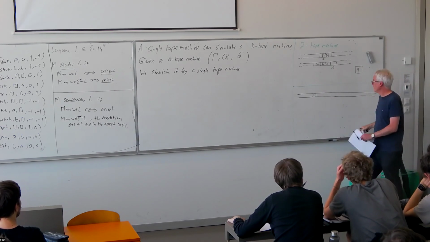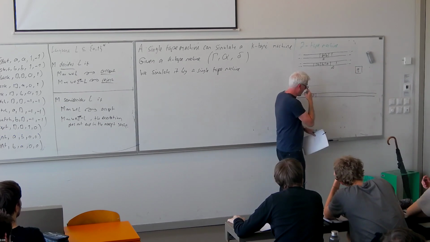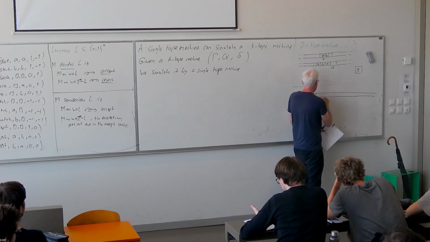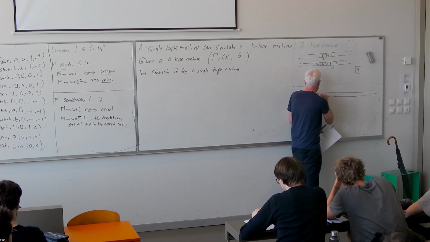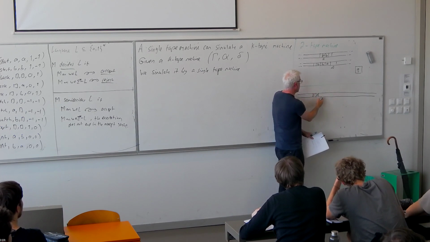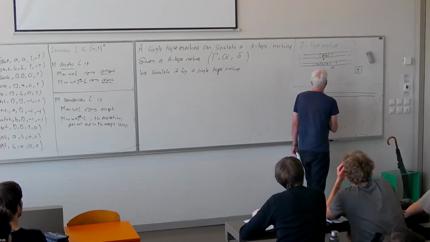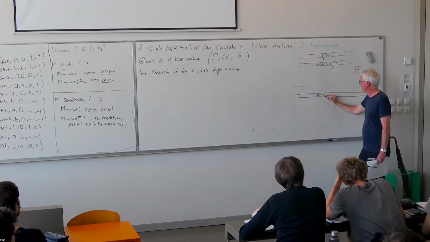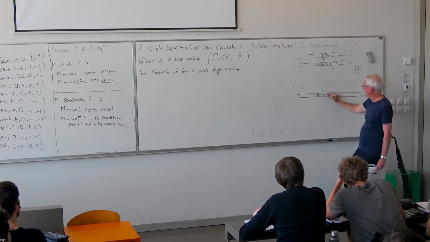So in order to encode where the tape heads are on the two tapes, we have a symbol in the tape alphabet on the one tape machine that tells us. Here we have the symbol for the tape head, and this says, I am pointing at the character to my right. The character to my right is A, and then B, and that's the end of where the word is.